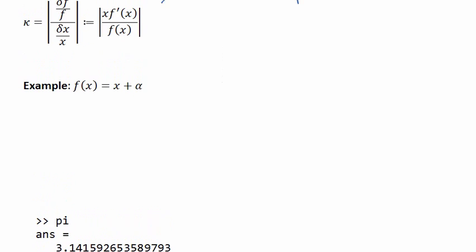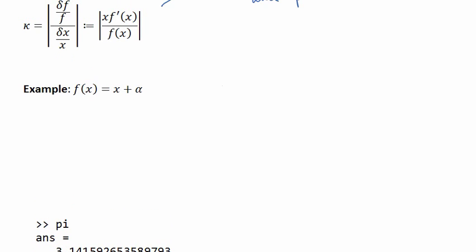All right, so to do the relative condition number, we just compute the things in this formula. So if f of x is defined as x plus alpha, then f prime is just 1. And kappa, the condition number kappa, is the absolute value of x times 1 divided by f of x.